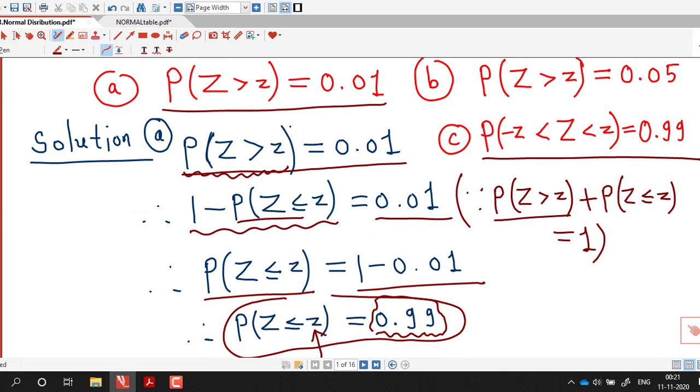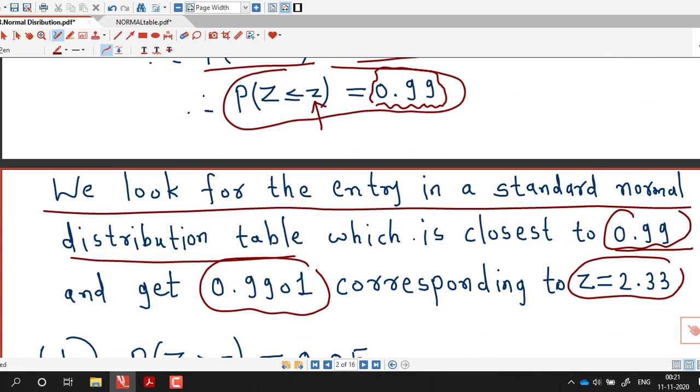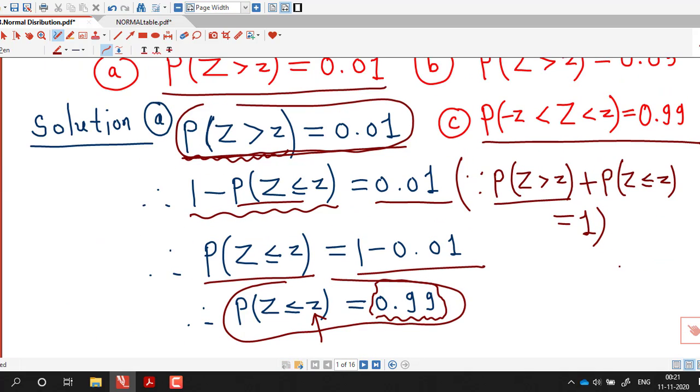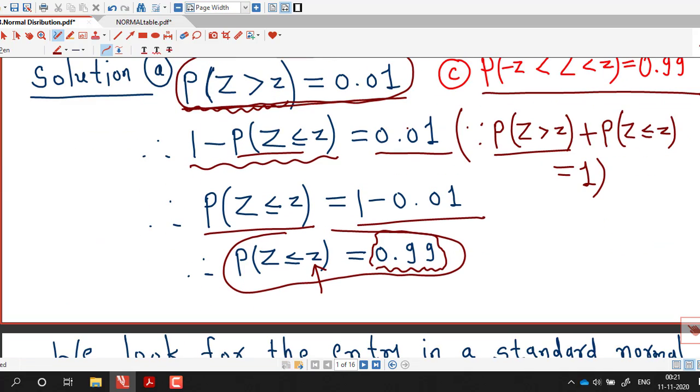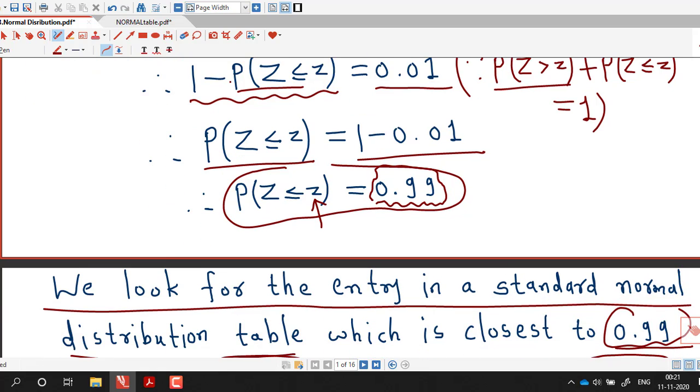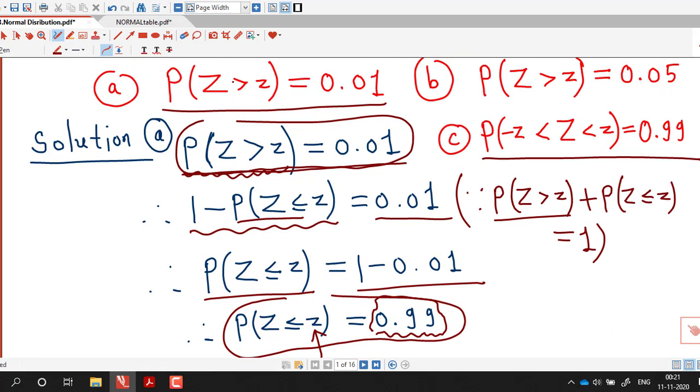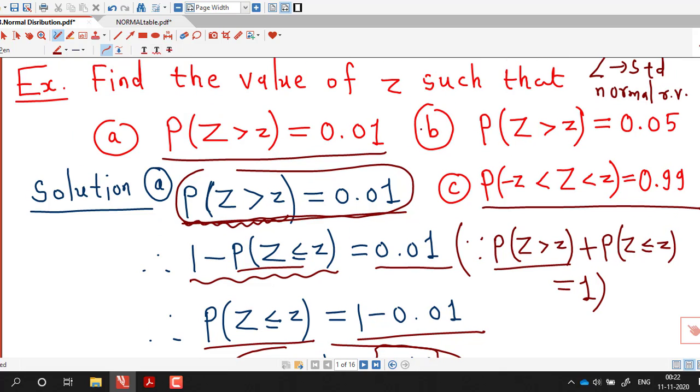The value of z for which this probability is equal to 0.01 is z equal to 2.33. This is the value of z for which probability that Z is greater than z is 0.01. So in this way we can find the corresponding values of z for which probabilities are given, again using standard normal tables.